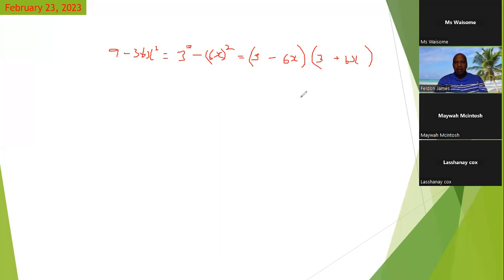However, oftentimes when we are factorizing these, we want to look first to see if we can do an HCF factorization first. Because if you notice the terms in brackets, they still have a common factor of what? 3, sir.